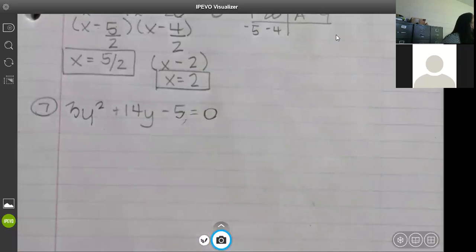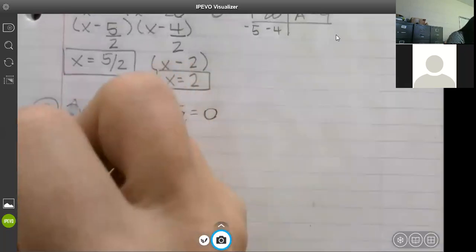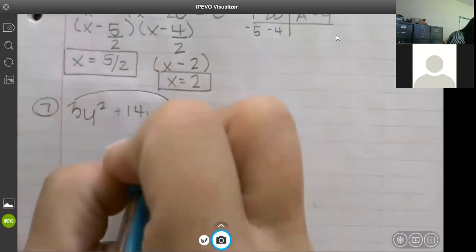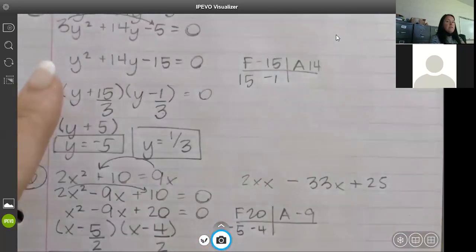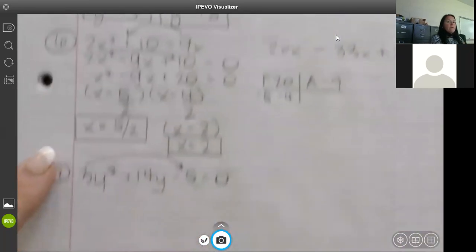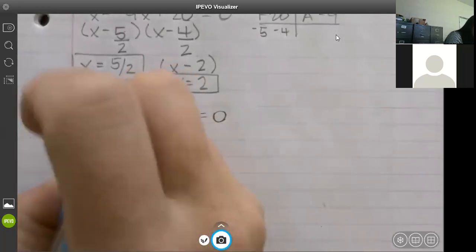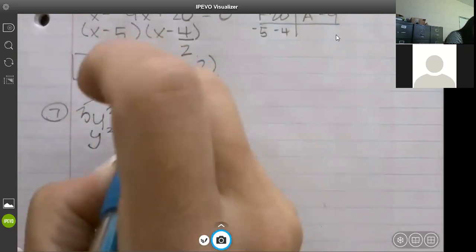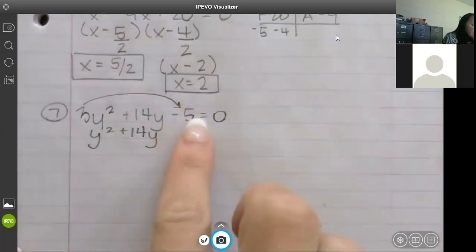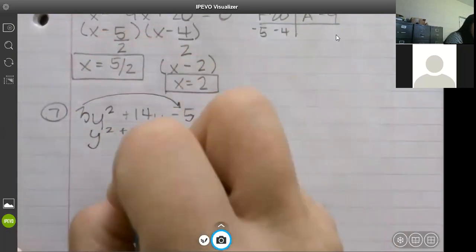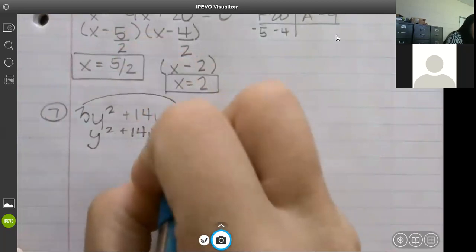What do you do? We just did 2, y'all. Look at each one of them. Slide that first number over. y squared plus 14y, what's 3 times negative 5? Negative 15.